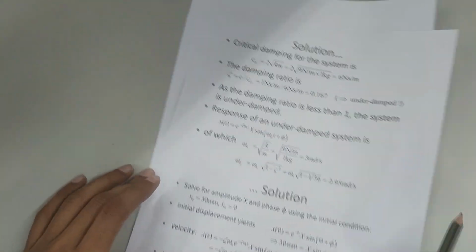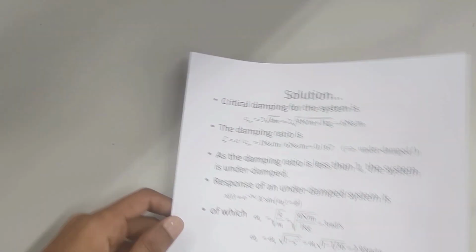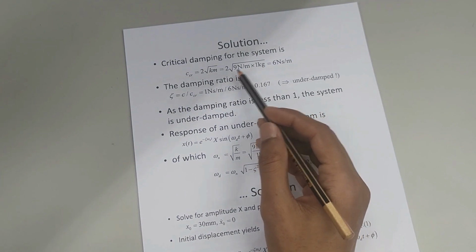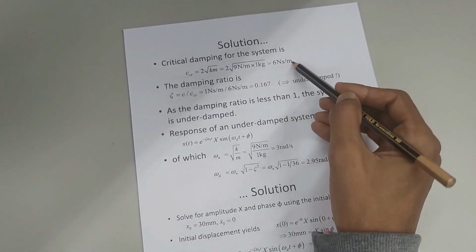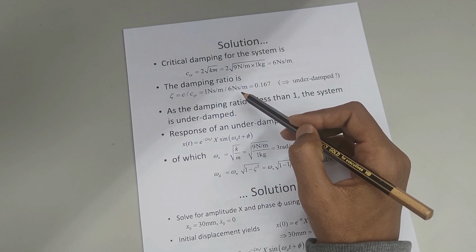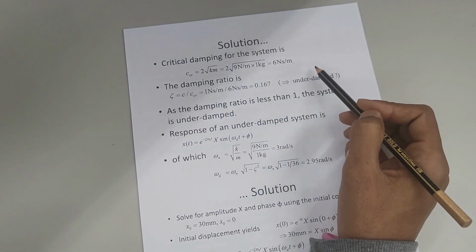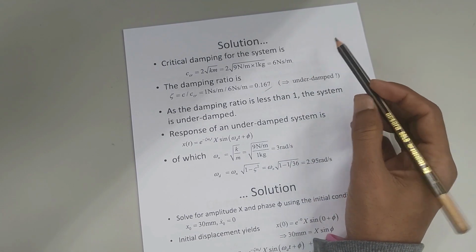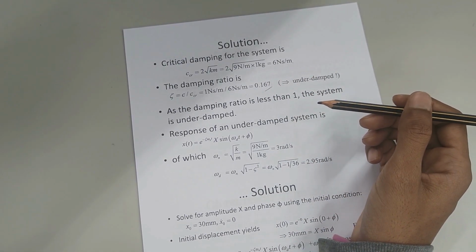The critical damping of the system is 2 root km. We have all the values of k and m, so we can get the damping ratio from c by c critical, from which we can say that it is underdamped, as the damping ratio is less than 1.